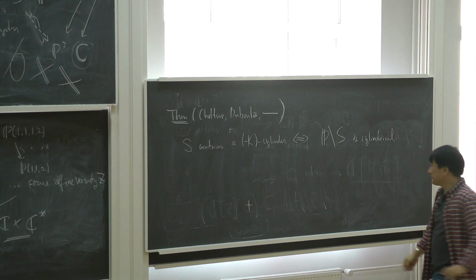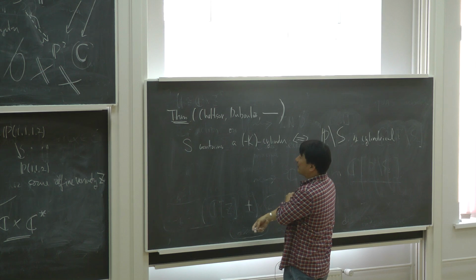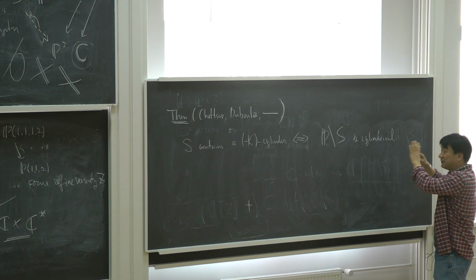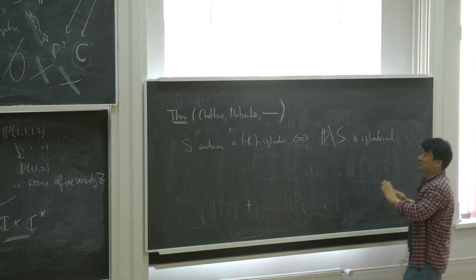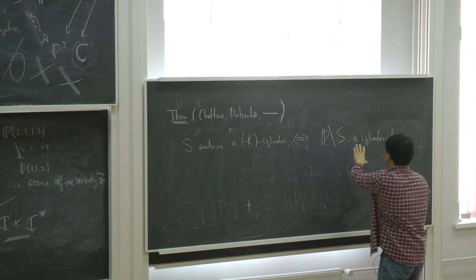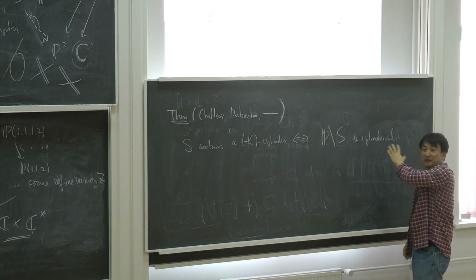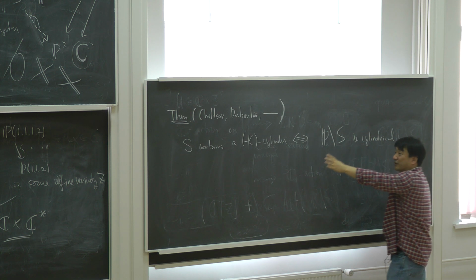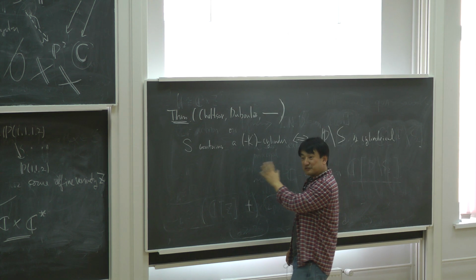So this is the bridge from the inside to the outside. So once you have this K cylinder inside, then you can define the cylindrical structure outside. And whenever you have the cylindrical structure outside, then you can have the minus K cylinder inside.